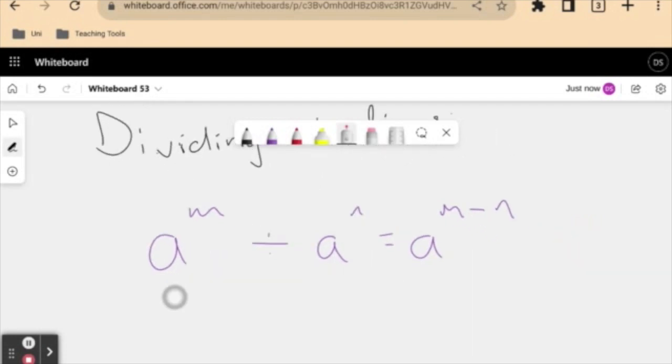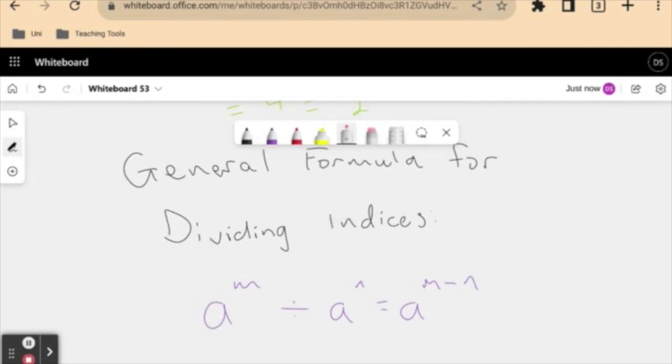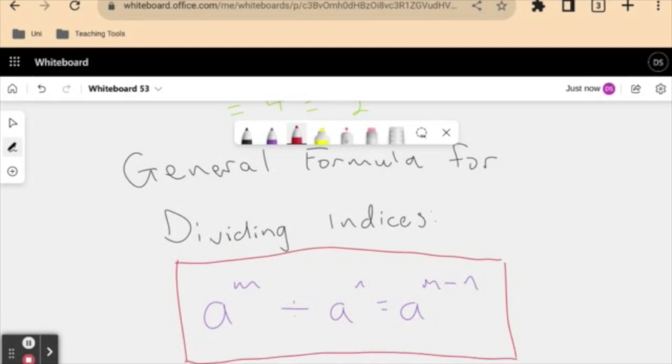So we can write a general formula here as a to the power of m, any two numbers, these can be any numbers, divided by the same base to some other power, is the effect of taking that same base and subtracting the powers. And this is our general formula for dividing indices.